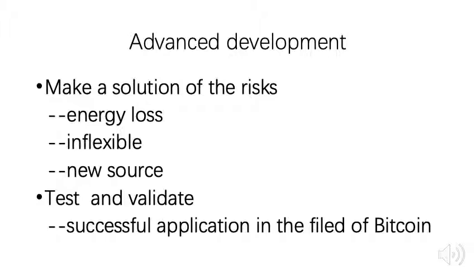The second problem is inflexibility. For most electrical power systems now, if the system in part A has a problem, that will affect the system in part B. So that is inflexible.